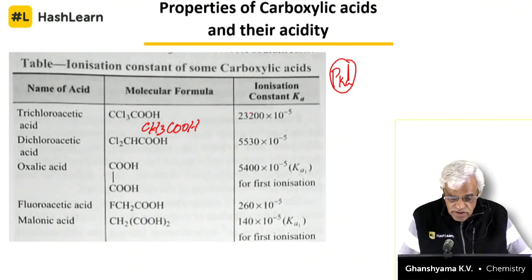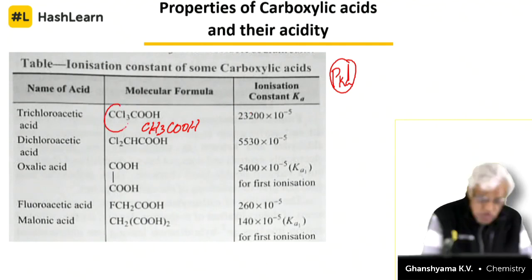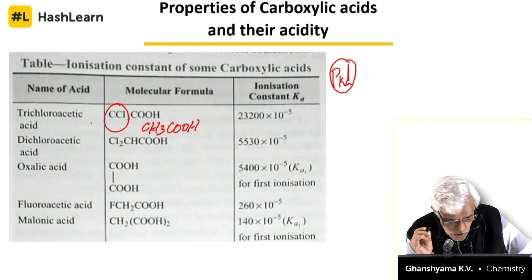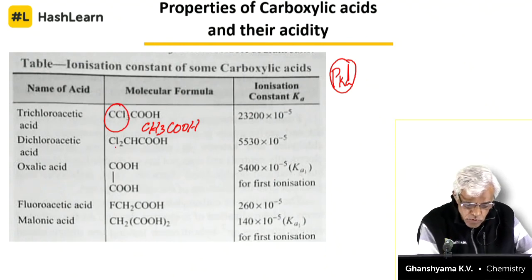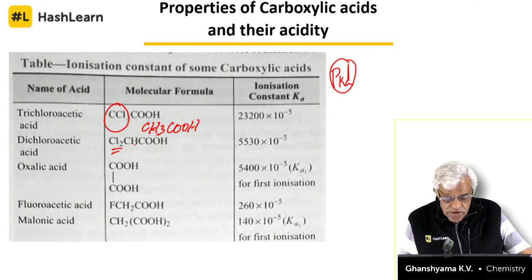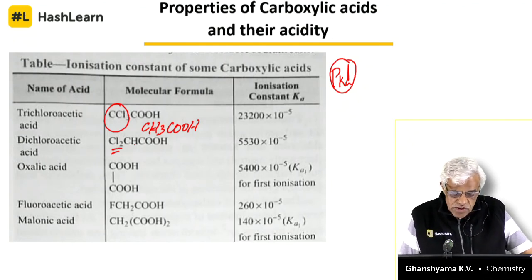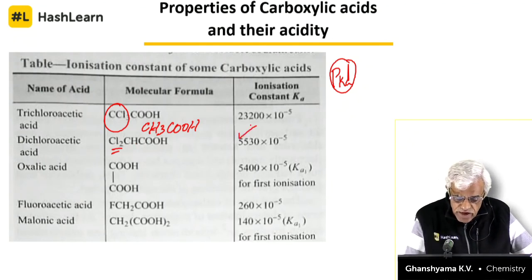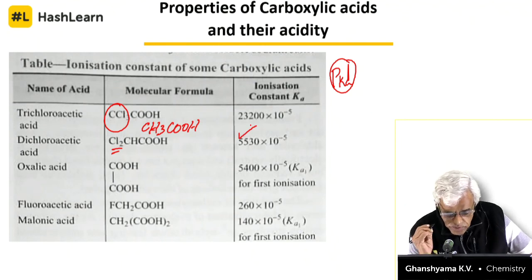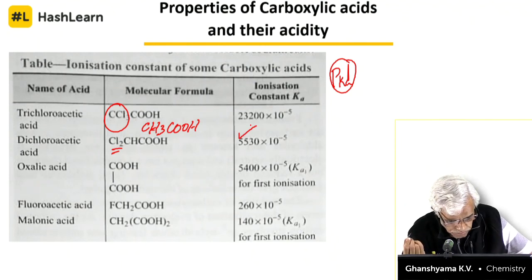Compared to that, 3 Cl groups have so much effect. With 2 Cl connected to acetic acid, it is 5530 into 10 to the power of minus 5.